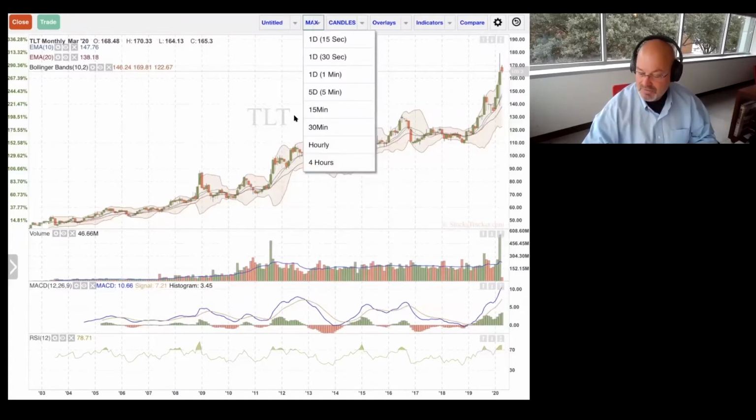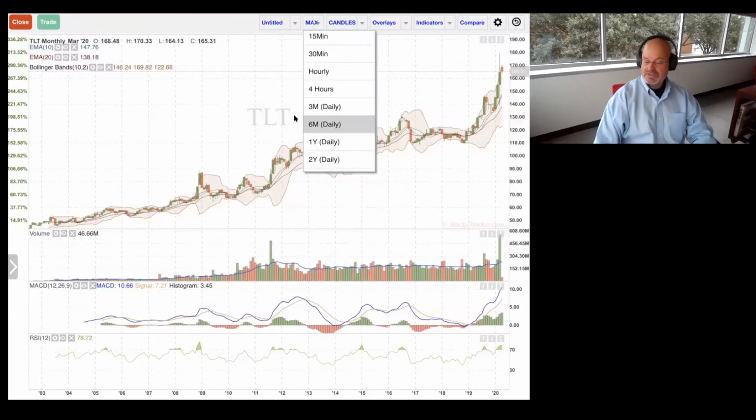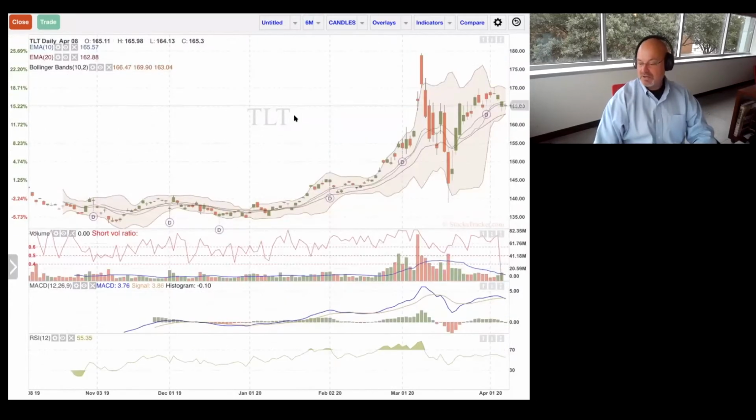Let's look at a 6-month chart. Remember, I'll take you back to a 6-month chart for the, boy, that is a bizarre chart, but look at the high point right here.